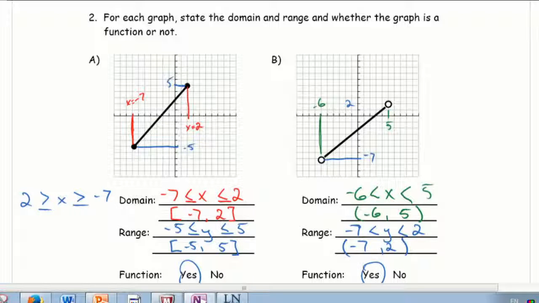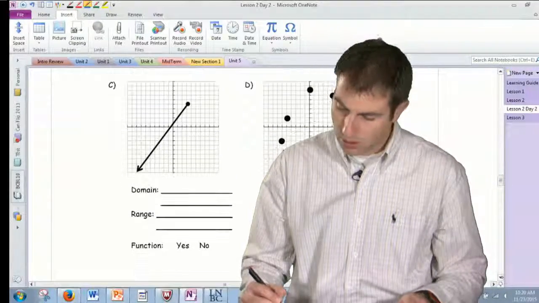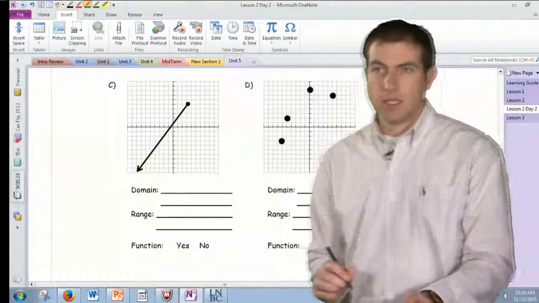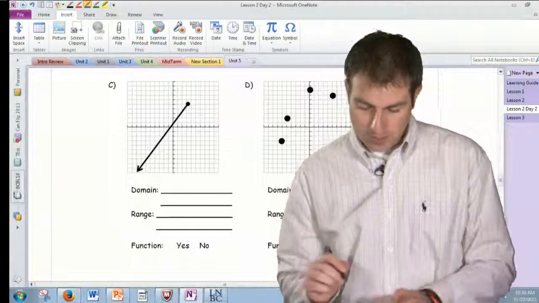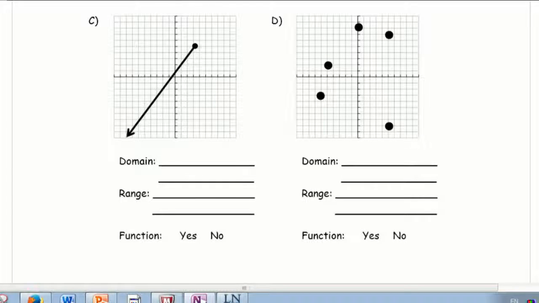All right. I'll do these two and then we'll call it a day. Yeah, this one's a little bit tricky in terms of x values because my x value here, let's assume it's on this line. That's my largest x value, but it just goes on forever in terms of negative x values, which is kind of strange, but that's just the way it is. So my largest x value is going to be positive 3.